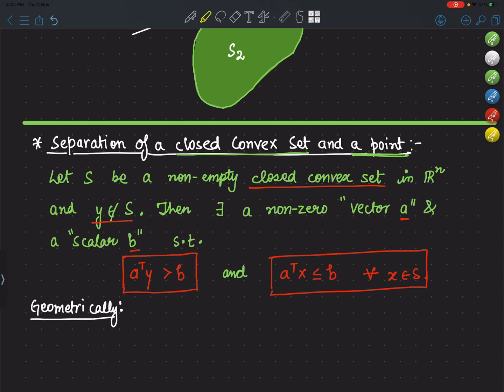Let this be the set S and this be a point Y, and this be the point X0.